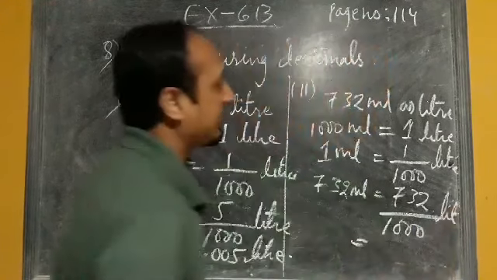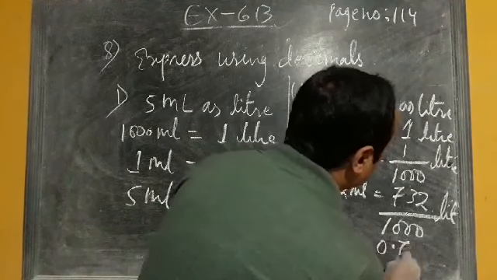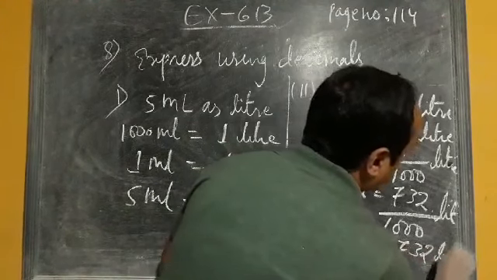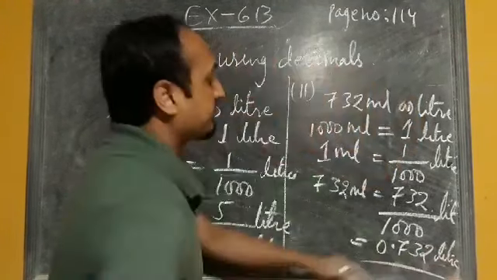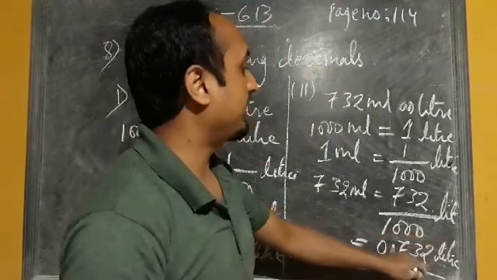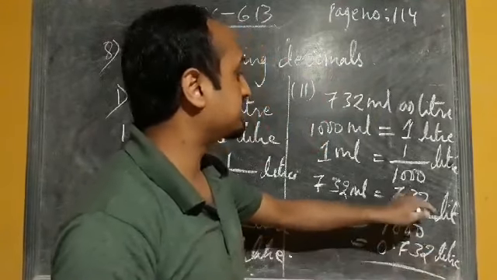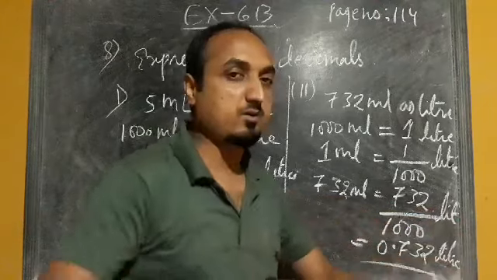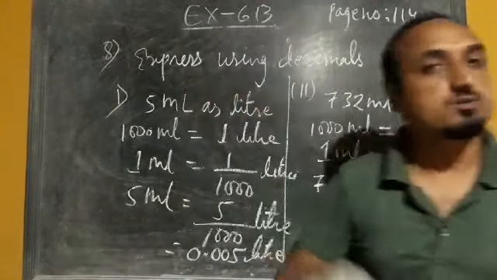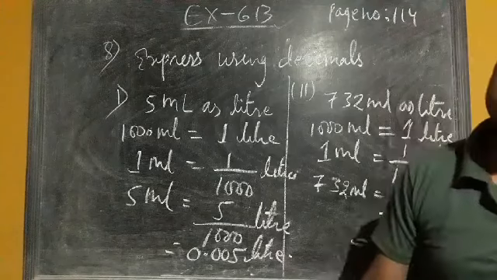So this can be written as 0.732 liter because we have 3 zeros. So after the decimal point we have to write 3 numbers. So the number is 0.732 liters. Now it is converted into liters. So the remaining exercise we will do in the next class.